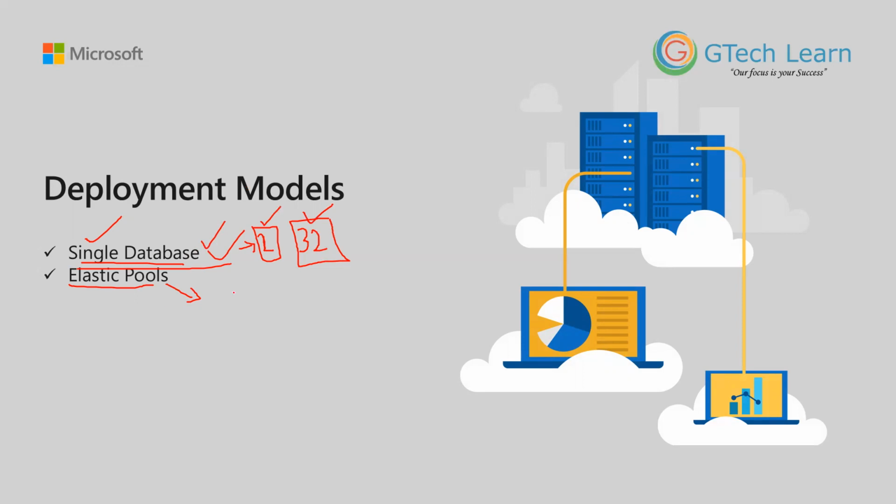Let us say we have created an elastic pool here. Inside that, let us say we have used 4 virtual core CPUs and 64 gig of RAM. Whenever we are creating any kind of database in this elastic pool, it is going to use the same infrastructure every time, on a shared basis.